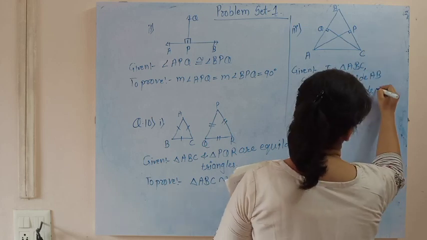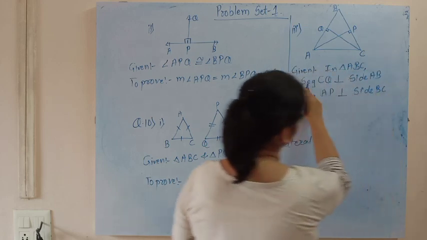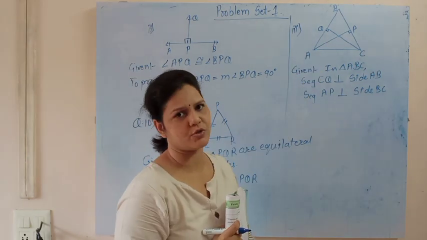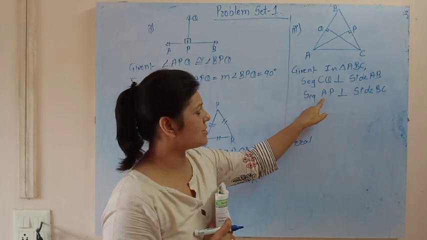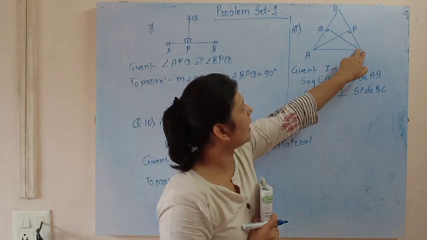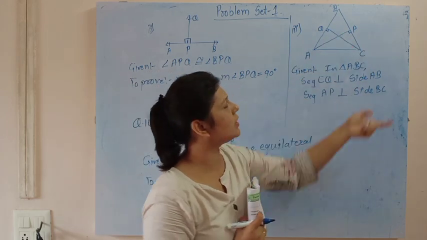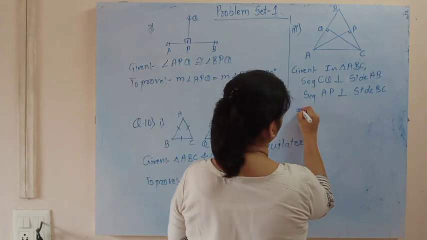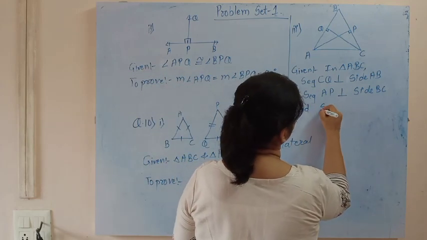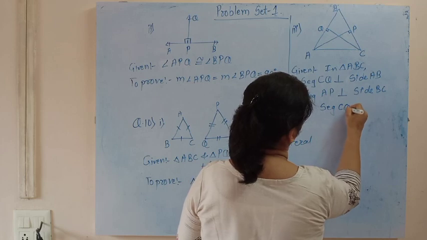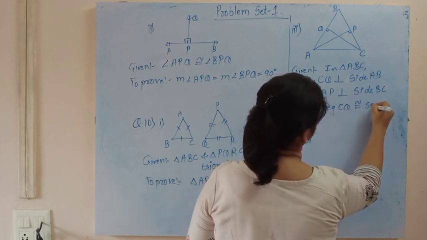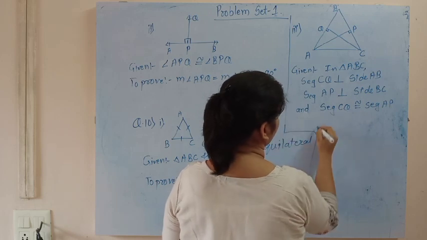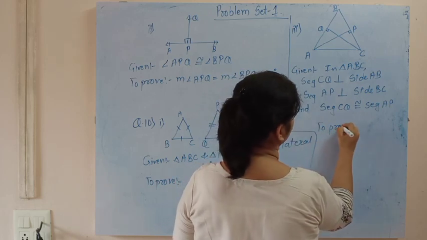These two statements show that they are altitudes. Further, what is given? The altitudes are congruent, segment CQ congruent to segment AP. This is our given.